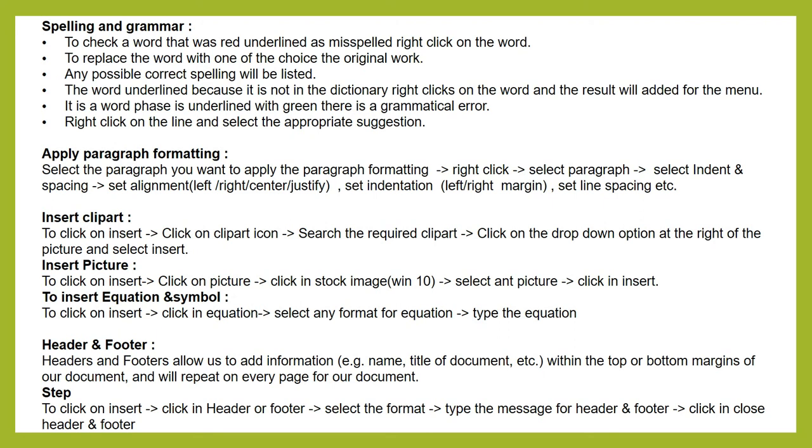Click on insert, click on equation, select any format of equation, then type the equation. Otherwise, if you need any symbol, click on insert, click on symbol, and a list of symbols is there. You should select the symbol and apply it in your document.